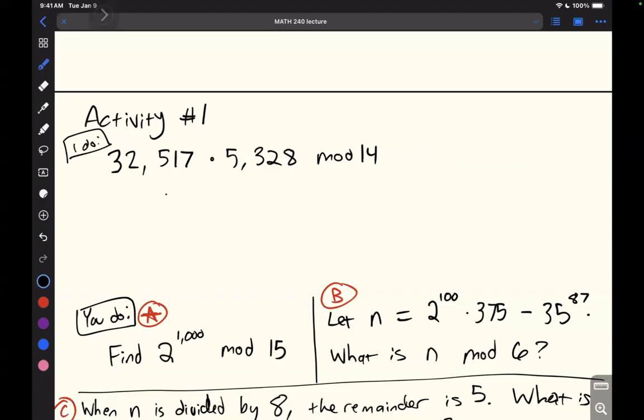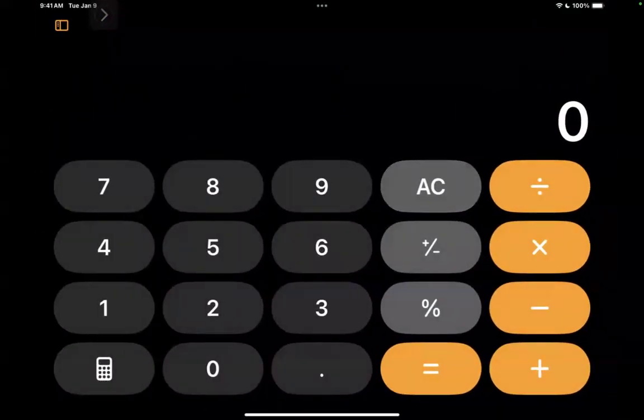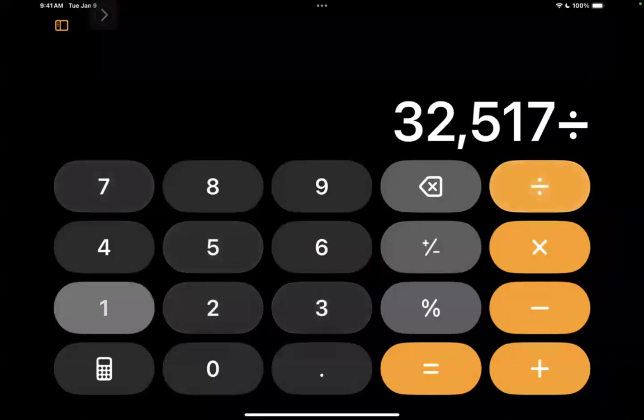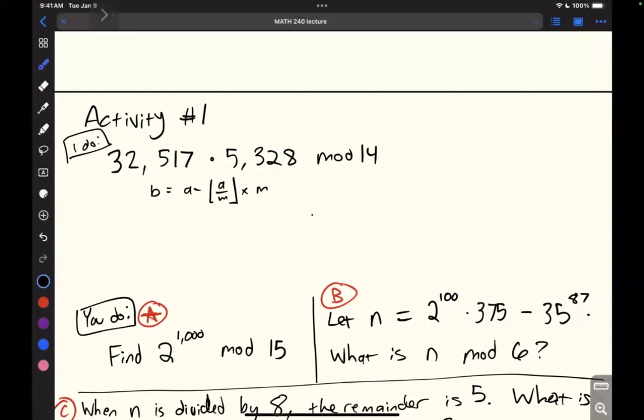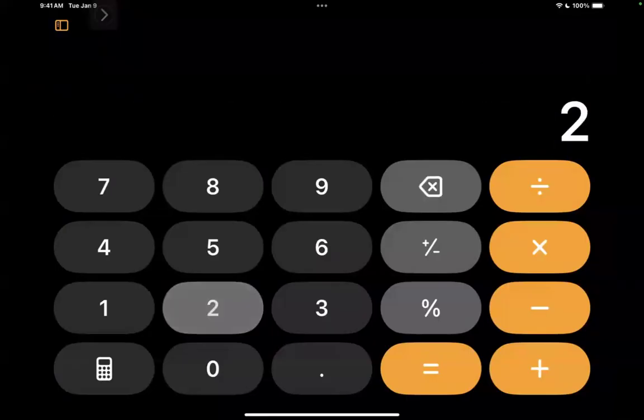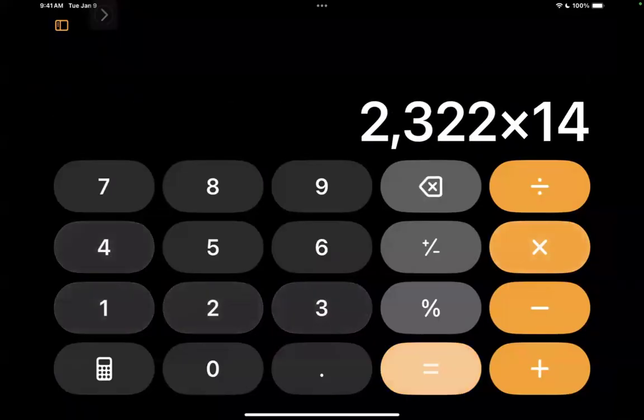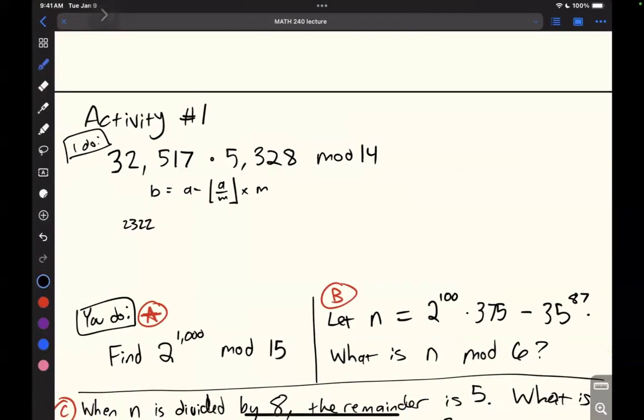And so again, remember that B is equal to A minus A mod M times M. And so 32517 divided by 14 is 2322 times 14. 2322 times 14 equals 32508.